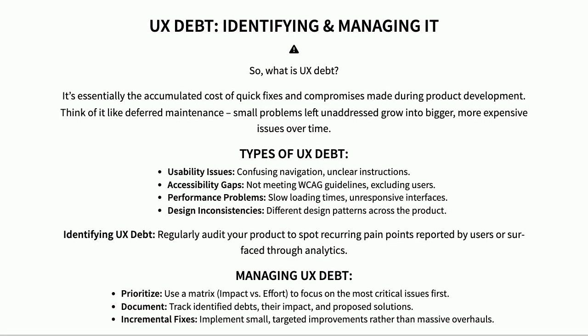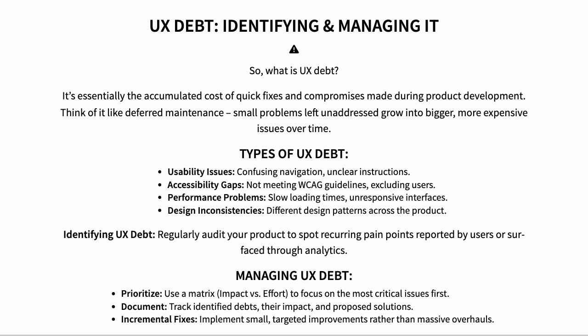Okay, let's talk about UX debt. It's a really important concept for any UI/UX designer to understand. Basically, it's all the little compromises and quick fixes we make during product development that eventually add up. Think of it like neglecting maintenance on a car. Small problems just get bigger over time. We have different types of UX debt: usability issues like confusing navigation, accessibility gaps where we're not meeting standards for everyone, performance problems that slow things down, and even design inconsistencies that can confuse users.